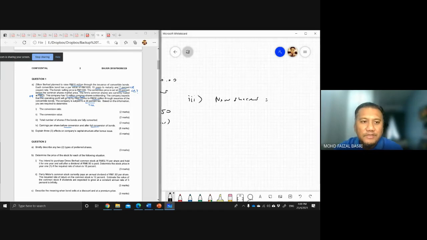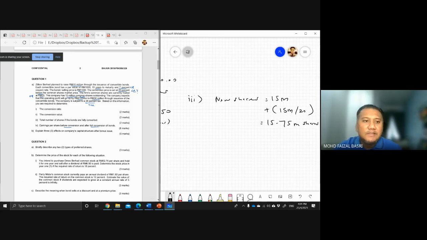The old number of shares is 15 million, and we're going to add the amount to be raised, which is 15 million, divided by the conversion price, which is 20 ringgit. So 15 divided by 20, plus 15, a total of 15.75 million shares.